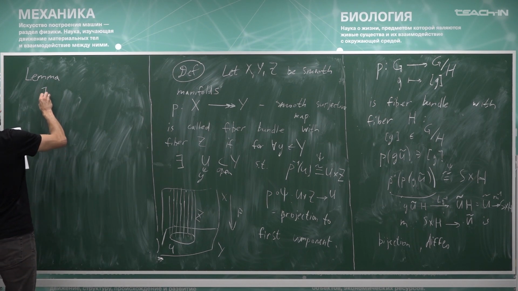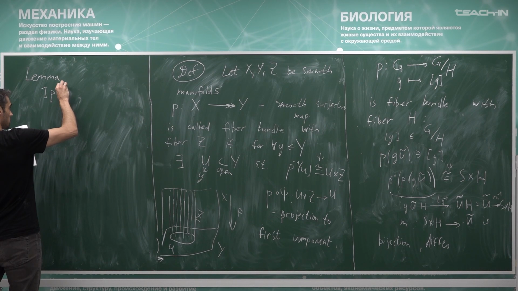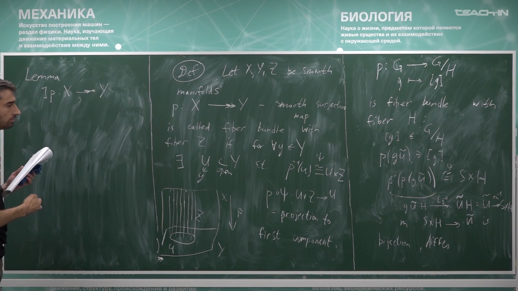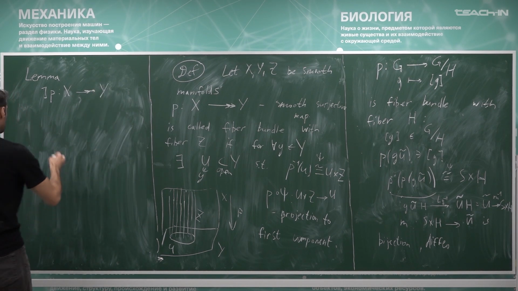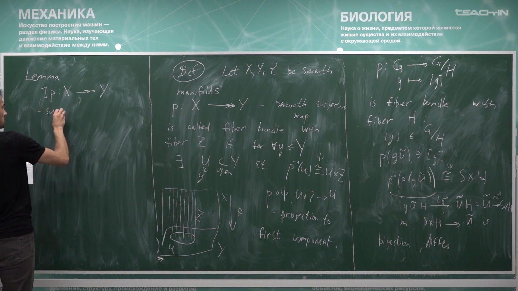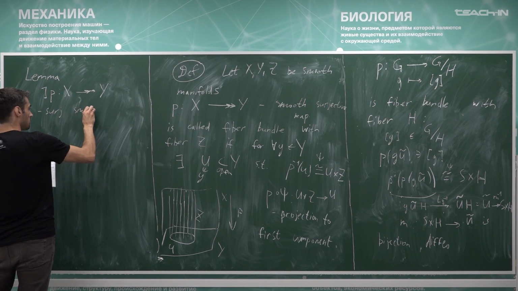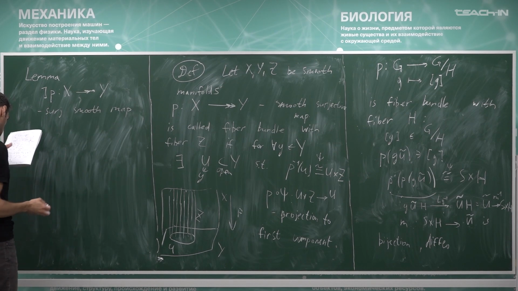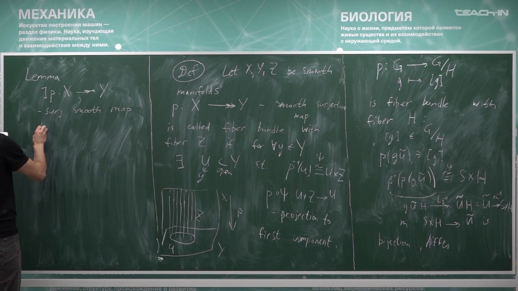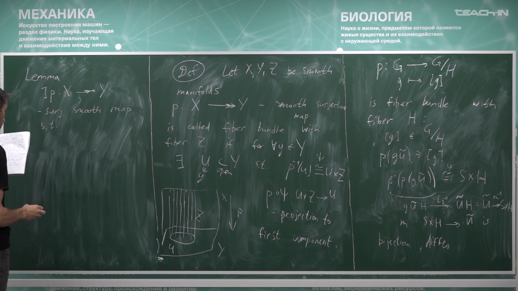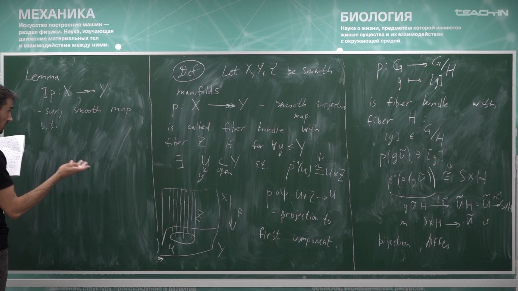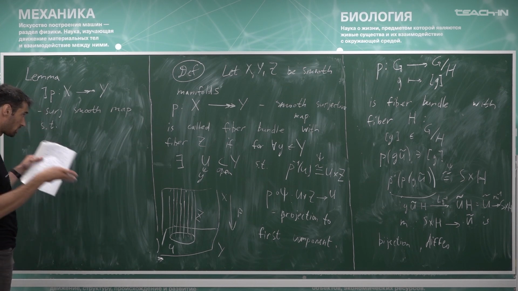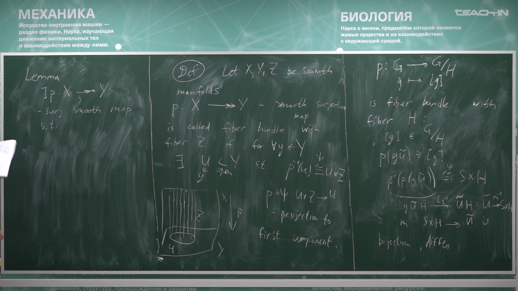Suppose that I have P, a smooth surjective map from manifold X to manifold Y, such that in some coordinates it looks just like projection to the first, say, m coordinates.